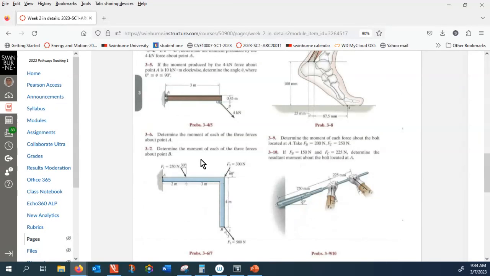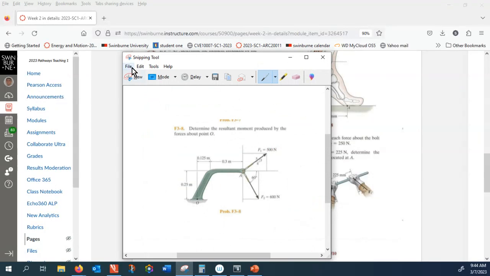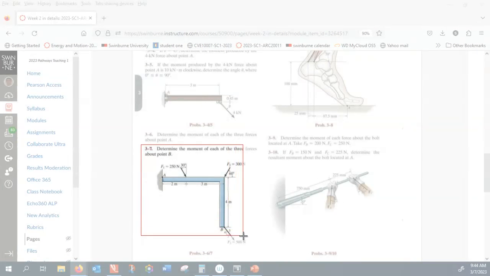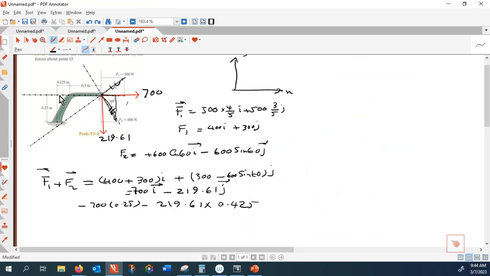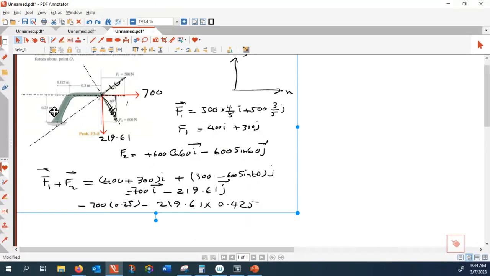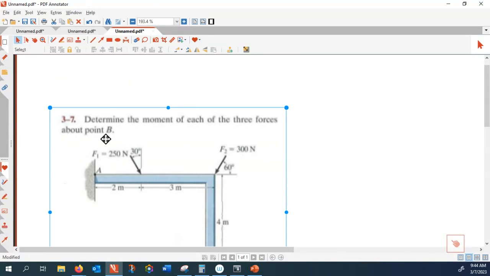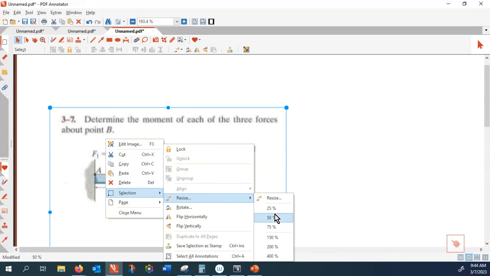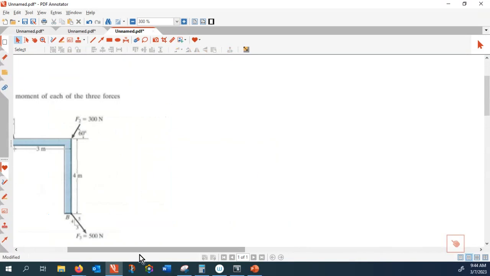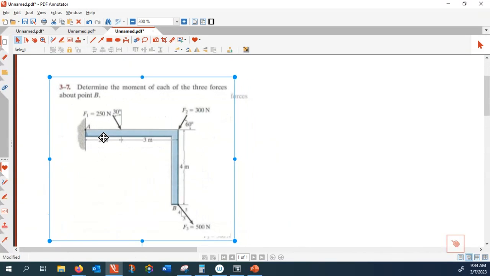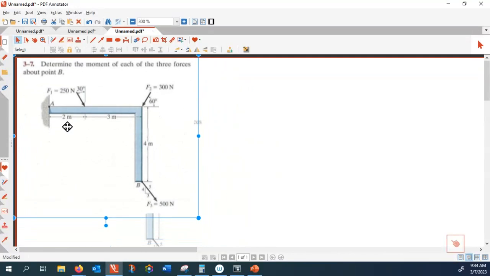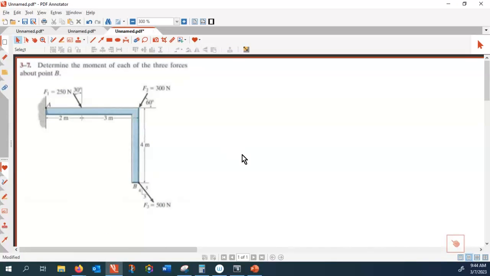Okay, each of the three forces about point B.